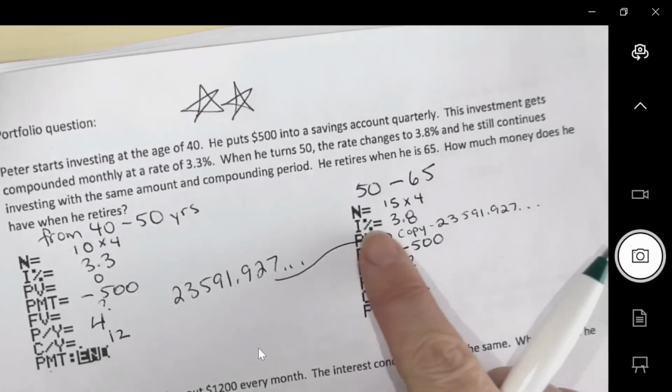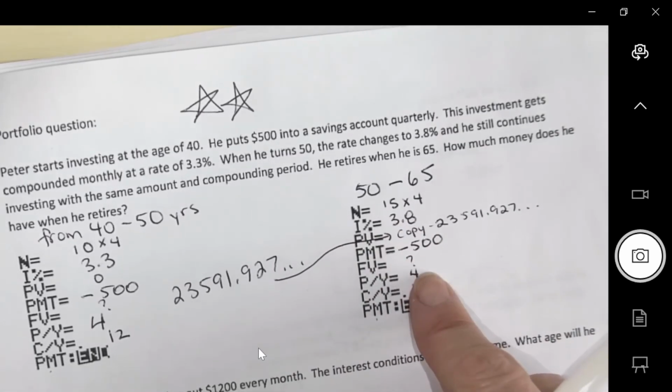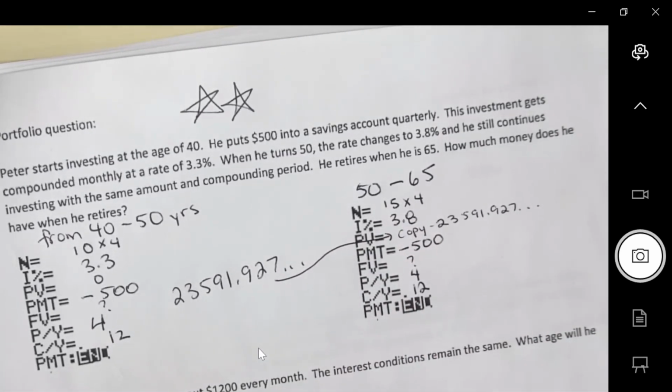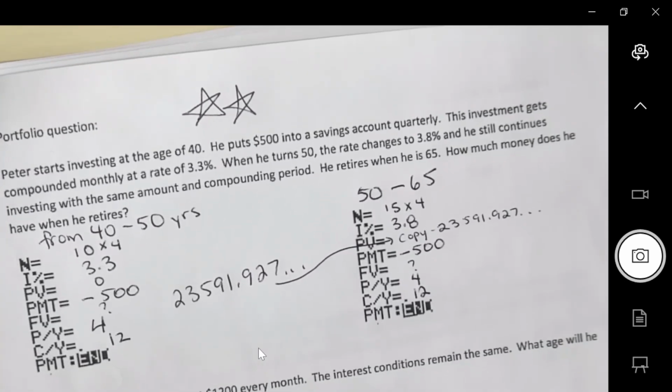My investment is starting at that when I'm continuing on. Negative? Yes, we're going to do it with the negative because that was money that came from me. So that's always the thing.